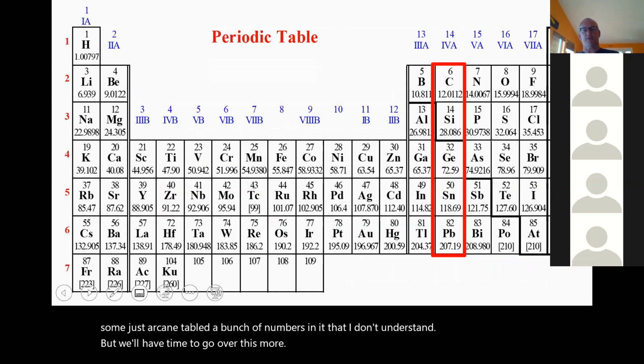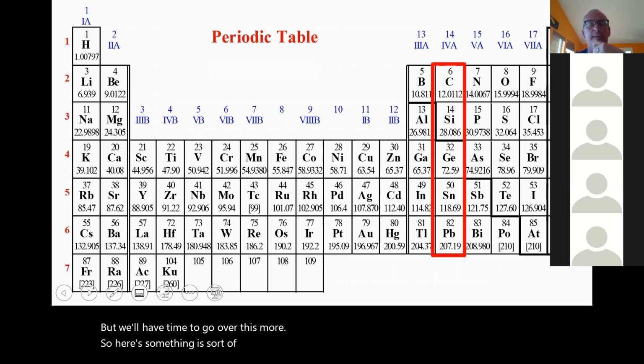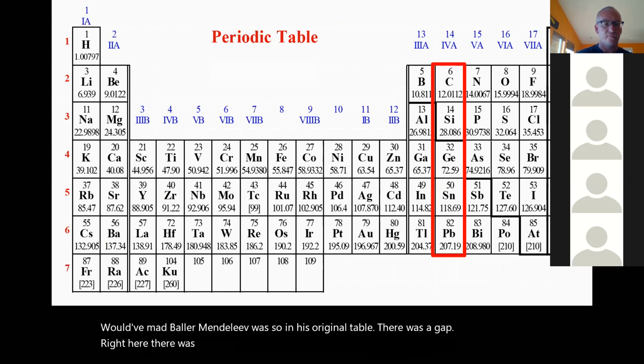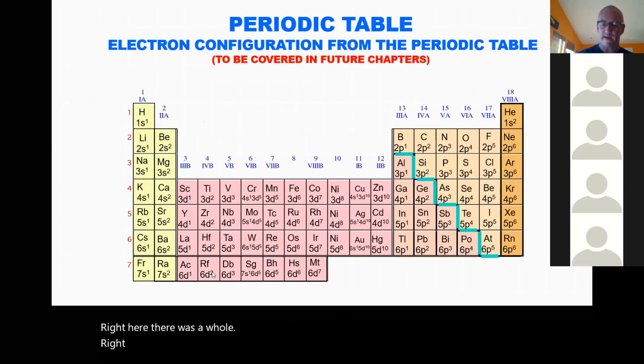So here's something I sort of alluded to a little earlier when I talked about what a mad baller Mendeleev was. So in his original table, there was a gap right here. There was a hole right there.